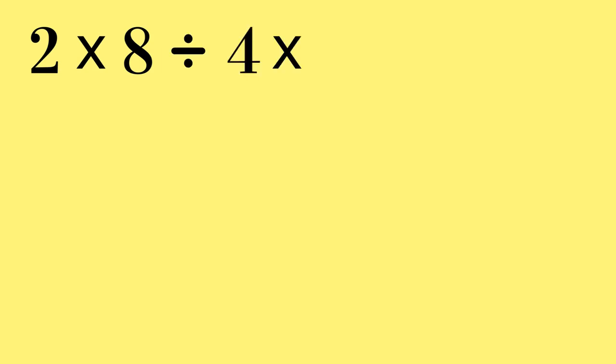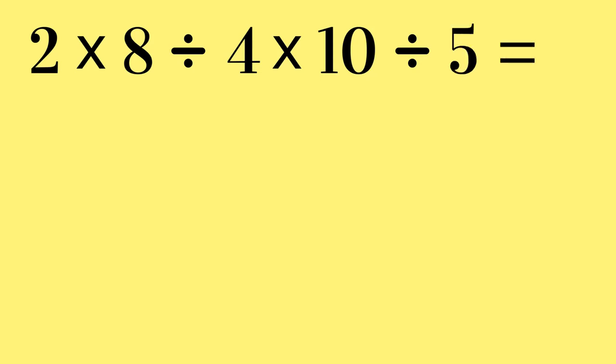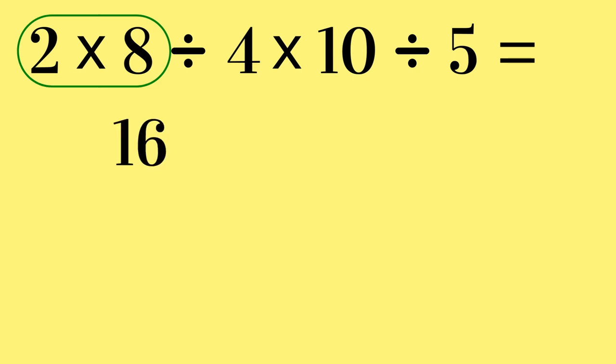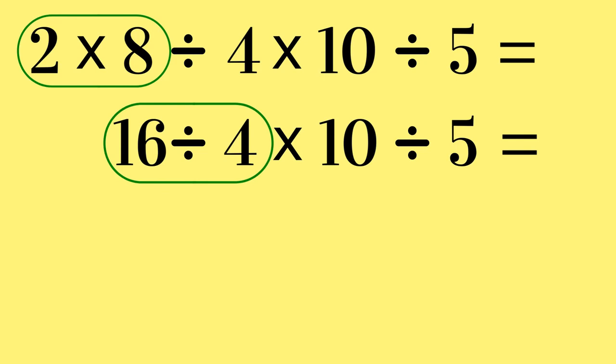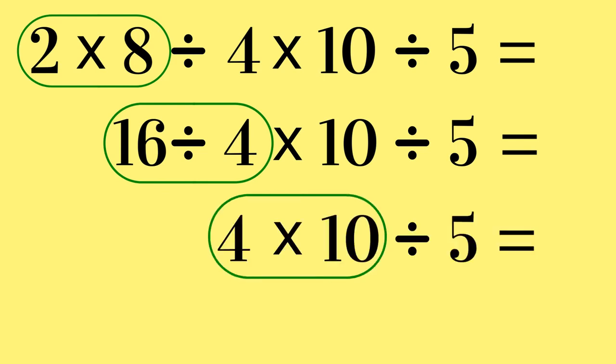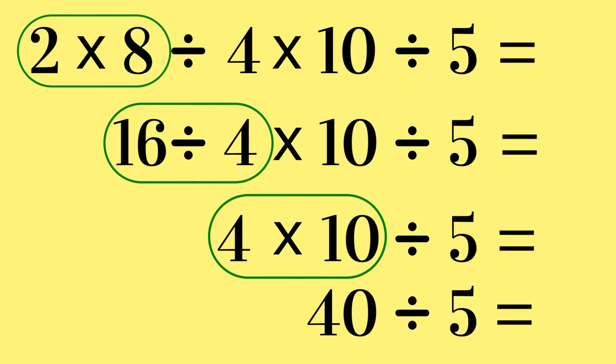For example, if you have 2 multiplied by 8 divided by 4 multiplied by 10 divided by 5, you would start with 2 multiplied by 8, which is 16, then divide by 4, which gives you 4, then multiply by 10, which is 40, and finally divide by 5, which gives you the answer of 8.